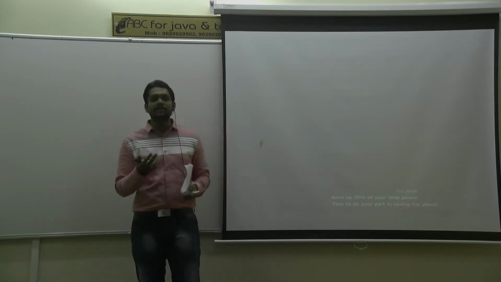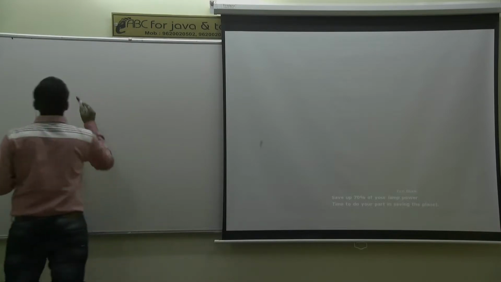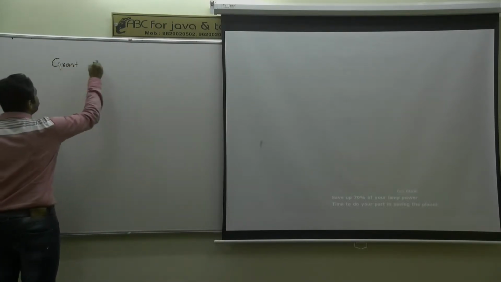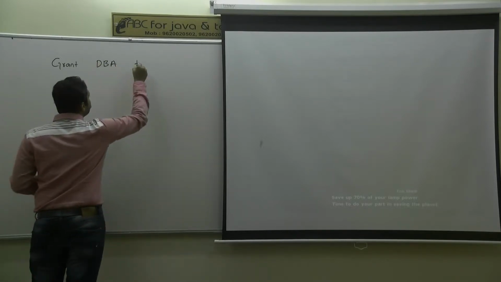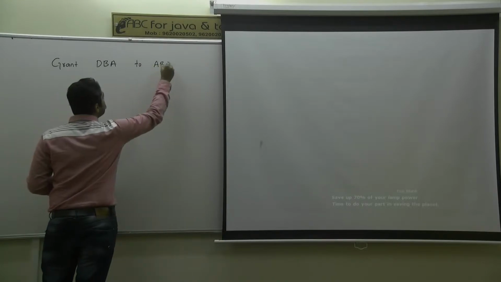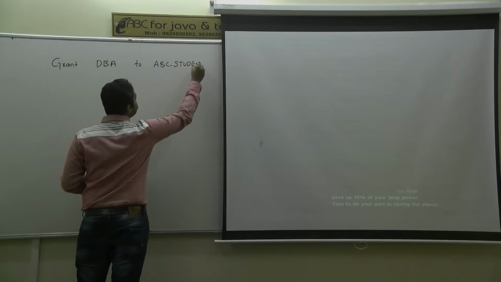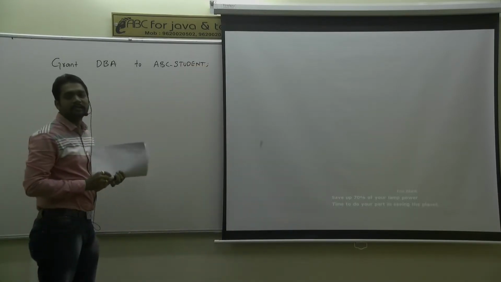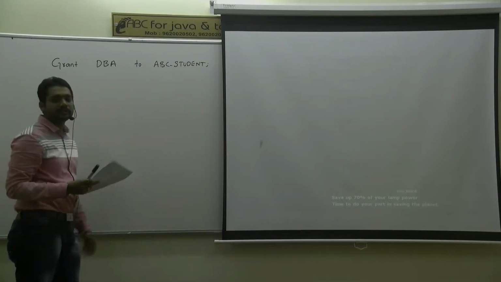See, now for ABC student, if I want to assign DBA, I can always write like this: grant DBA to ABC student. Sir, where is privileges? You need not write privileges for DBA. Grant DBA to ABC student.